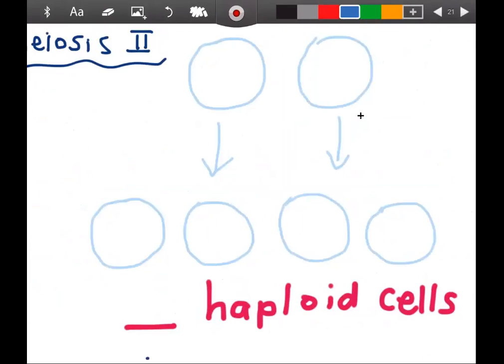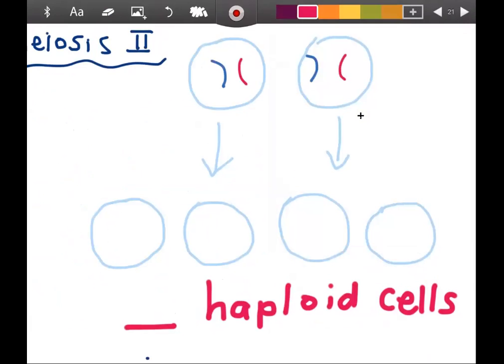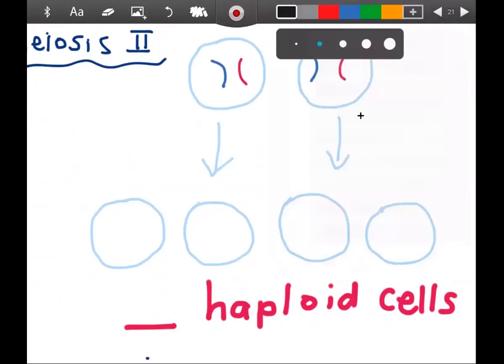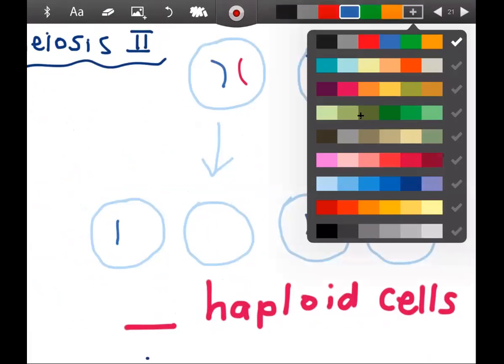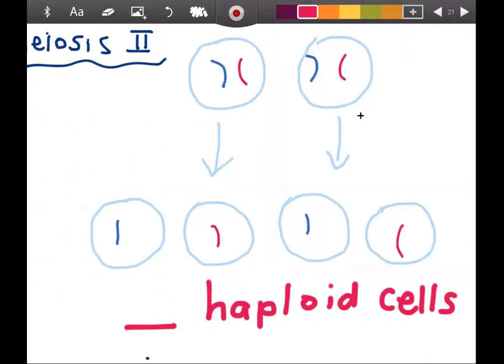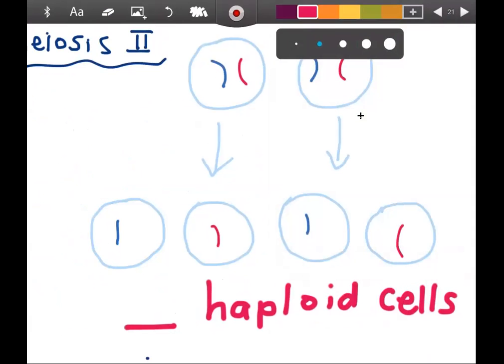So meiosis 2 is going to occur with these cells. And in the end, the result is going to form 4 haploid cells. So they're only going to have one set of chromosomes. Each of these is going to have 23 chromosomes in total.